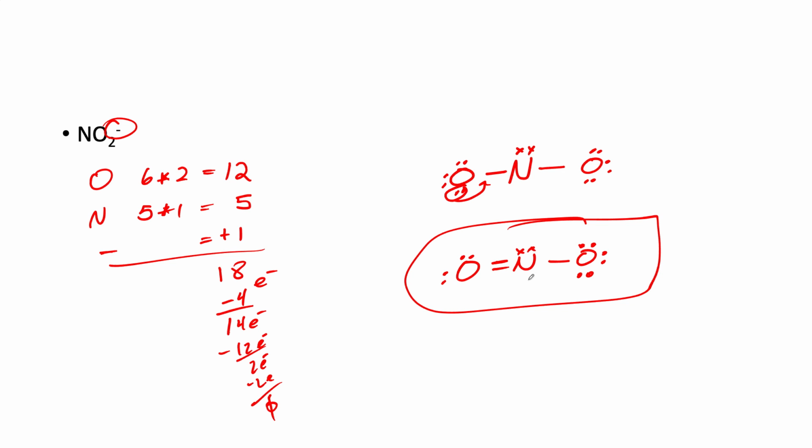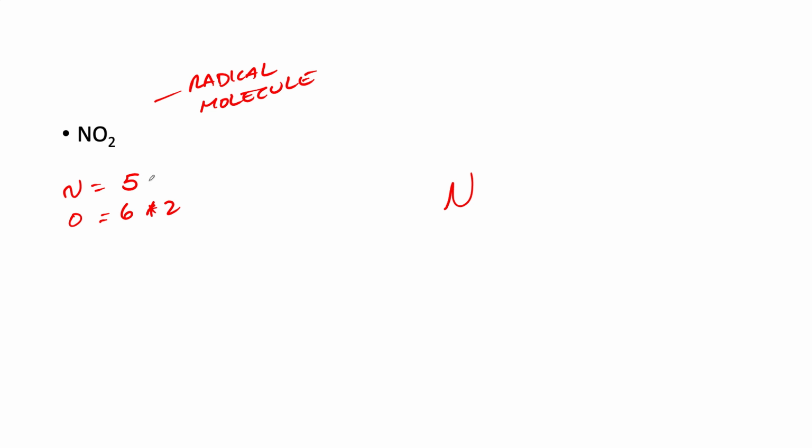Now I'm going to show you the difference with NO2. This is called a radical molecule. Again, N has 5 valence electrons, oxygen has 6, and we've got 2 of them. 12 plus 5 gives me 17, so we've got an odd number of electrons present.